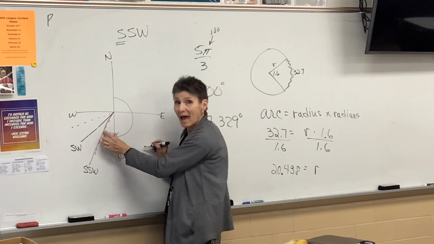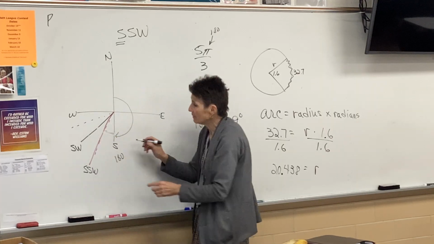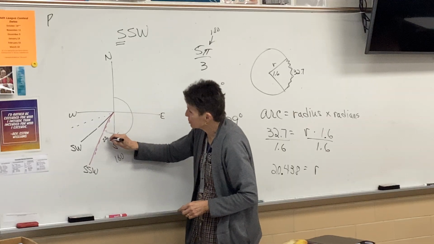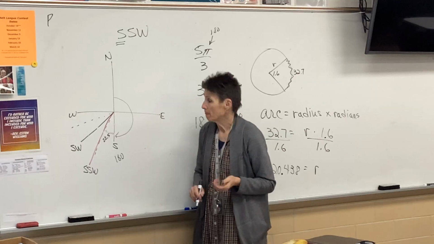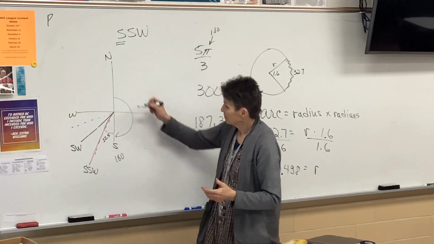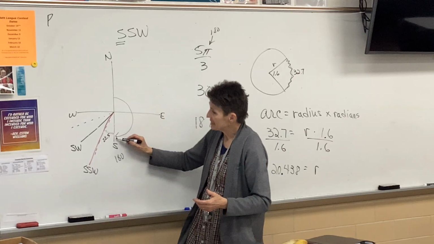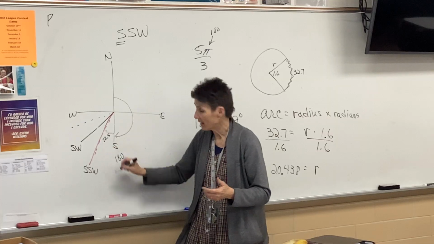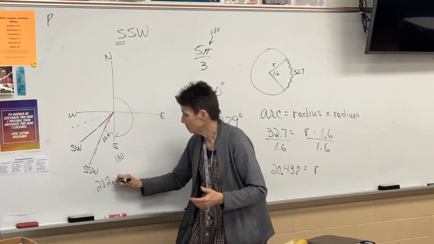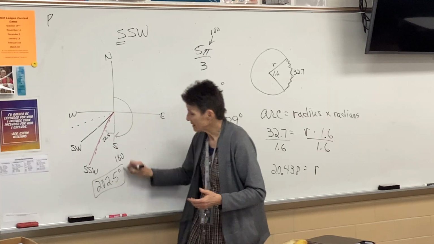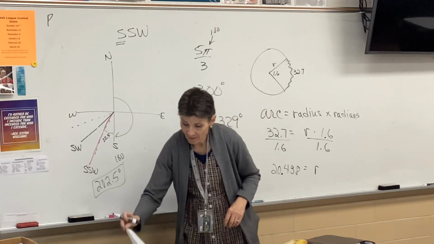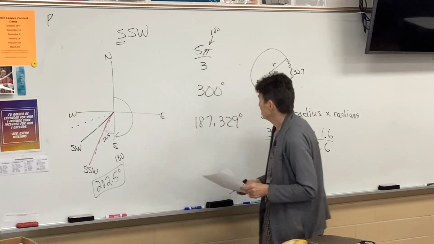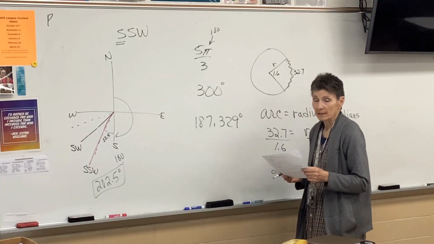But I'm only going half of that, so this little bit is 22.5, half of the 45. So what's my answer? Well, 180 and 22.5 would be 202.5. So that is the degree measure, or the angle measure, for that angle.